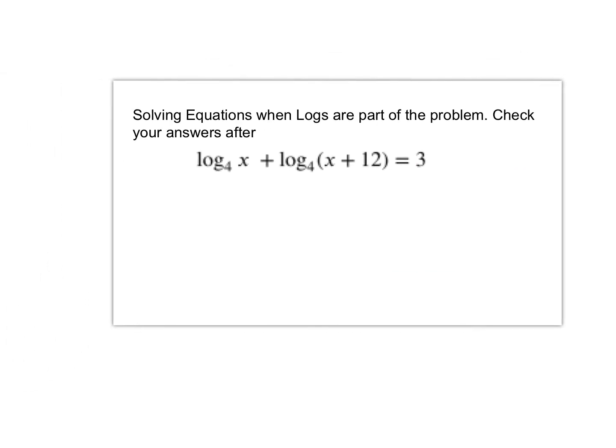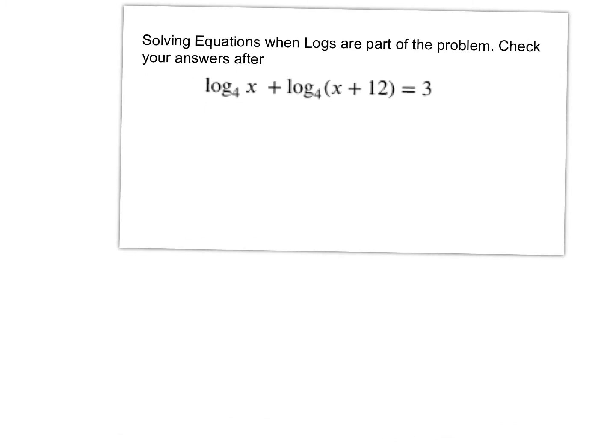All right, so I have log base 4 of x plus log base 4 of x plus 12 is supposed to equal 3. So again, first thing I have here is expanded form. I don't like that, so let's put this together. So we're going to have log base 4 of x times x plus 12 is supposed to equal 3. Now, at this point, I need to get rid of this log base 4.